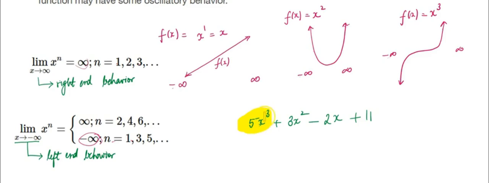The leading term is the term that contains the highest degree. The degree is 3, and therefore the graph will behave according to this.